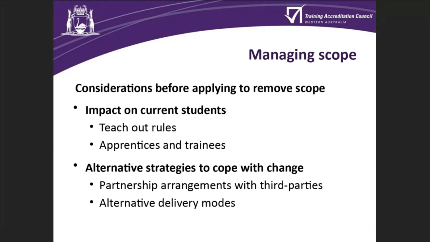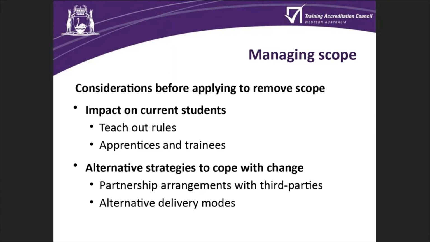Again, we would go back to the teach-out rules, but you also need to consider the particular circumstances of apprentices and trainees who are under training contracts, and therefore your decision to remove scope will have an impact on them. So you need to consider the implications for current students. You need to consider the teach-out rules so that as you reduce your scope, no students are harmed in the process.